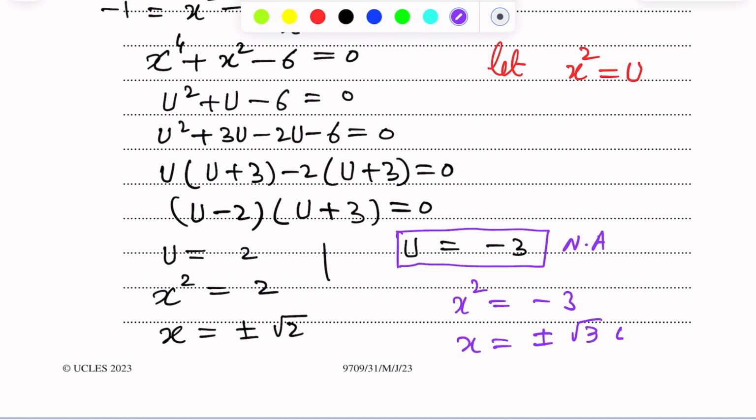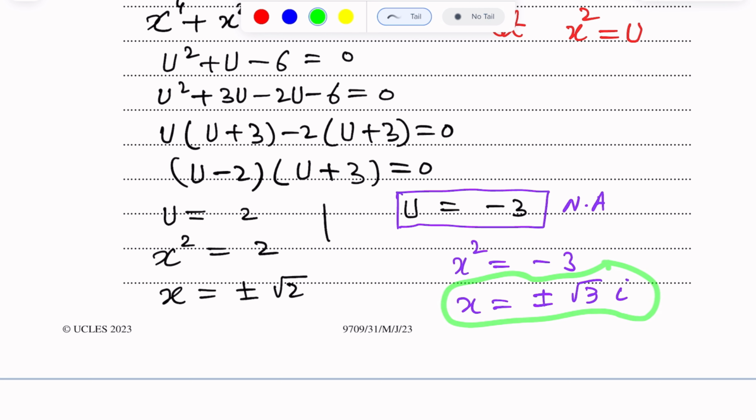But we supposed at the start of the question that x is the real part and y is the imaginary part, so we cannot have an iota term for x. So this is not applicable. Only x is equal to plus minus under root 2.